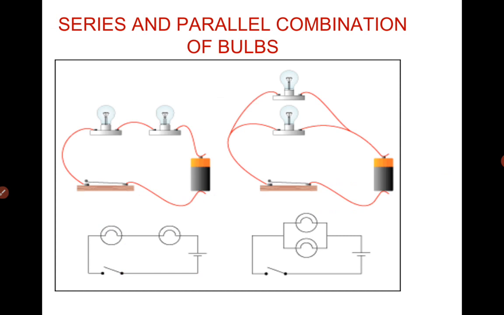In the first circuit, two bulbs are connected with the battery in series with the key. The equivalent circuit is drawn below. In the second circuit, two bulbs are connected in parallel with the battery with the key. The equivalent circuit is drawn here.